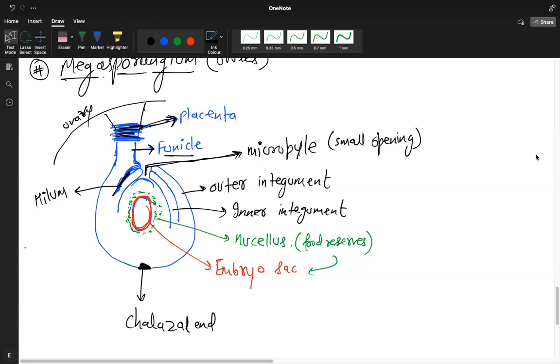So they secrete and it gets deposited. They secrete and it gets deposited. Does it make sense? Yes.